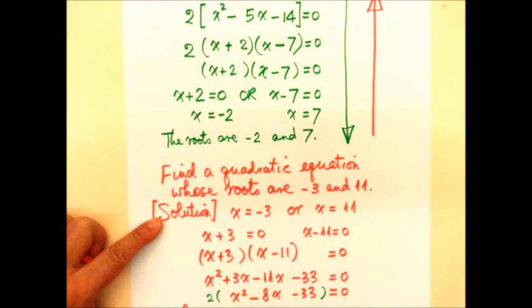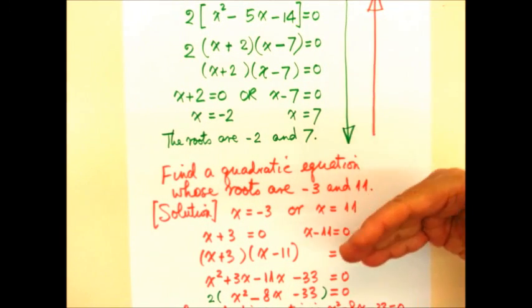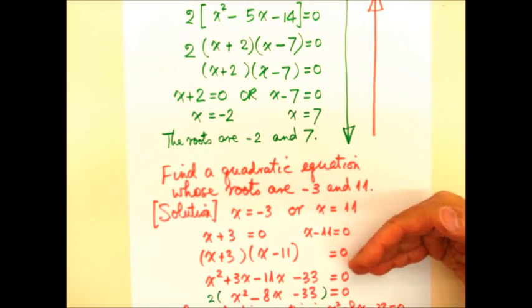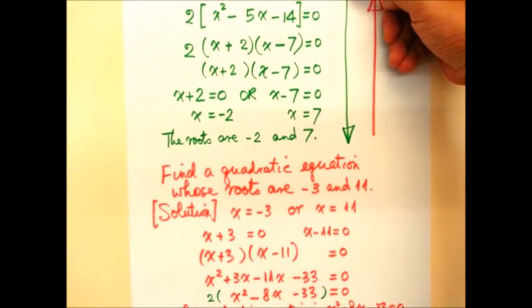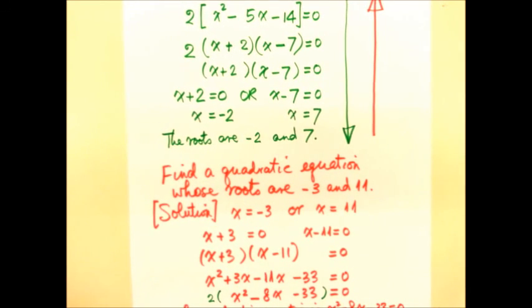The quadratic equation is x squared minus 8x minus 33 equal to 0. Now it's very simple. They go in the reverse way, downward and upward.